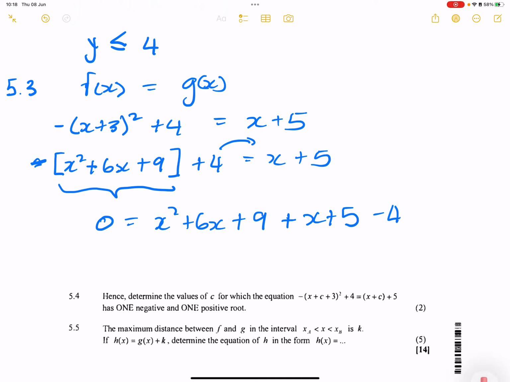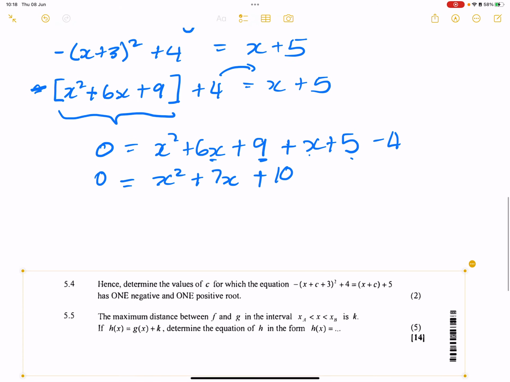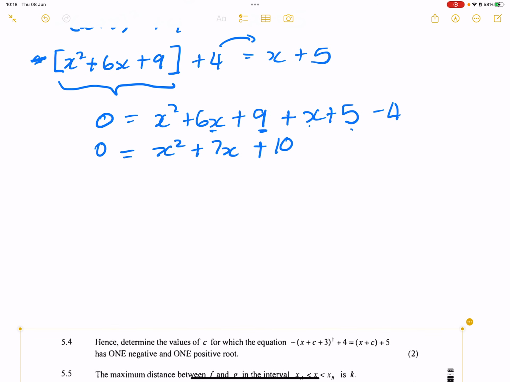So a quadratic equation looks something like this. X squared, okay, so there are our x terms. That's 6x plus x, which is 7x. All right, and then we've got 9 plus 5, which is 14, minus 4, that would give us plus 10. All right, so this is equal to 0. Now, ladies and gents, what we need to do is factorize.